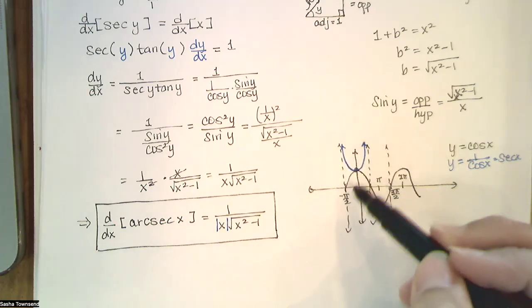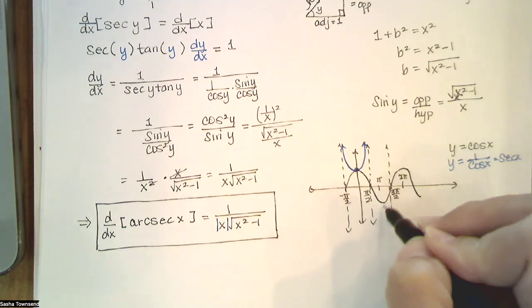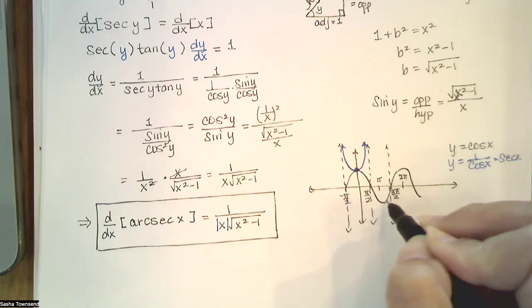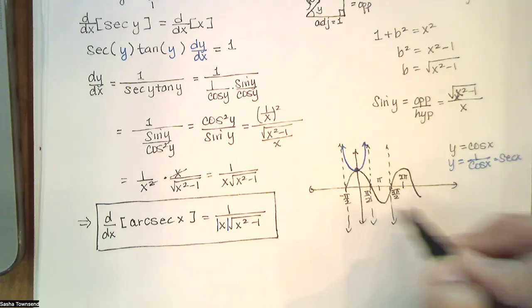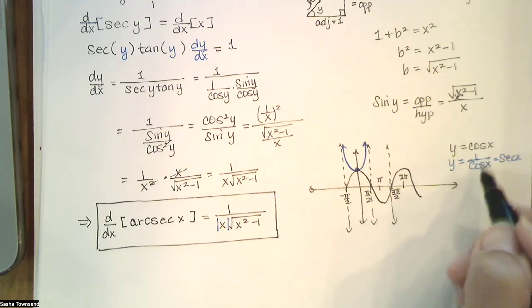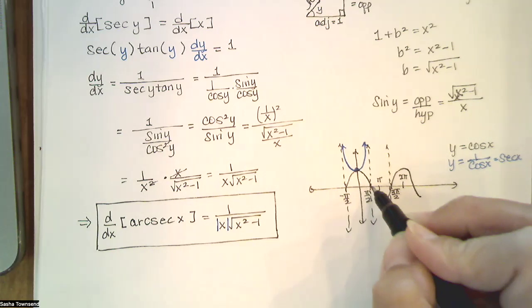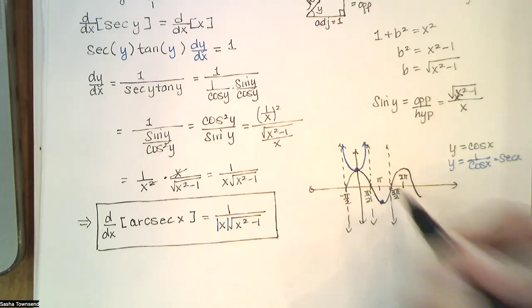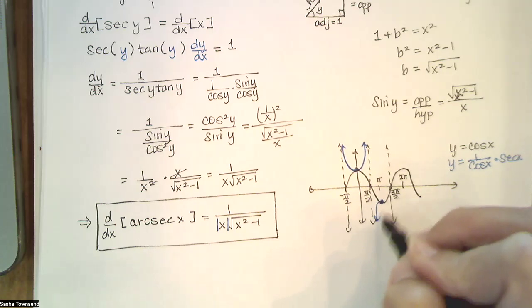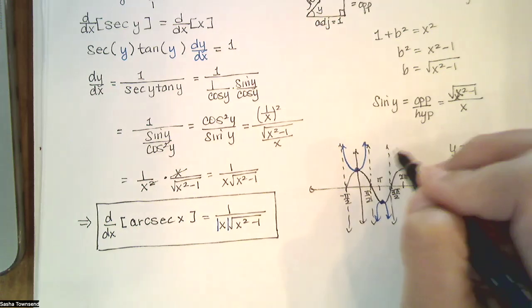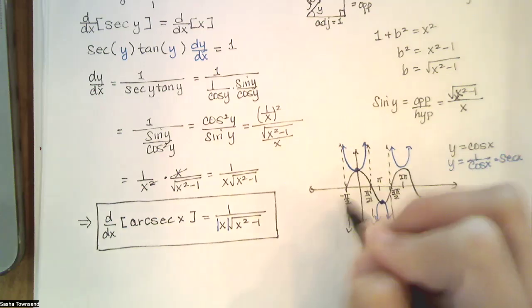And so that happens here and here. And then when we plug in pi, we get -1 for our cosine graph. Then this is 1 divided by -1, so we get -1 for secant there. And then here, as we approach the asymptotes, we're dividing by a tiny negative number because the y values on the cosine graph are negative. So our graph goes to -infinity as we approach those asymptotes. And that repeats over and over again.